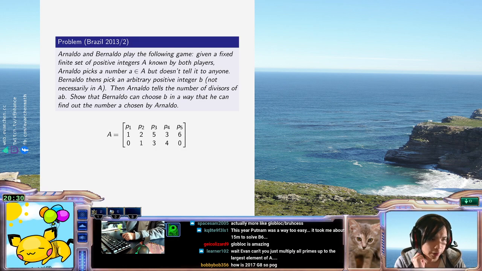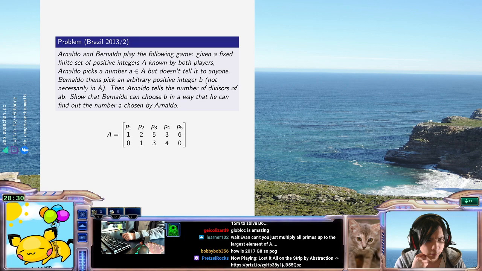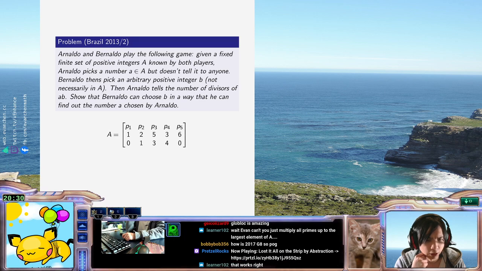Just multiply all the primes up to the largest element of a. Wait, if I take the product of all the primes? I don't think that works. Does it? Oh, wait, no.